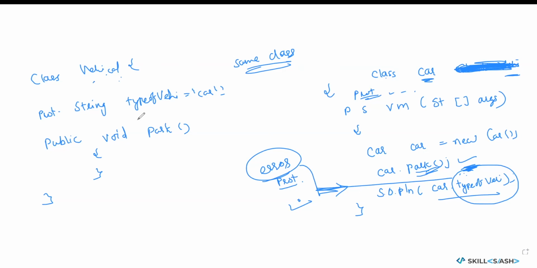So in that way, we understood three fundamentals: what is inheritance, how we are using it, what is a parent-child relationship, and where protected can be used. Make sense? So far clear?